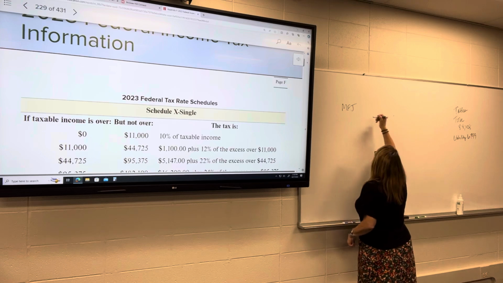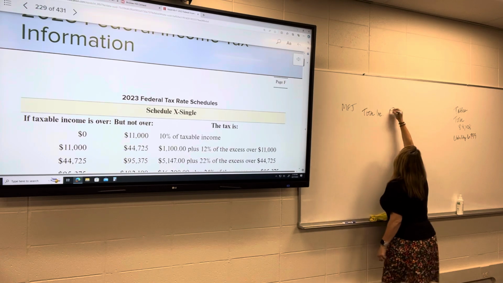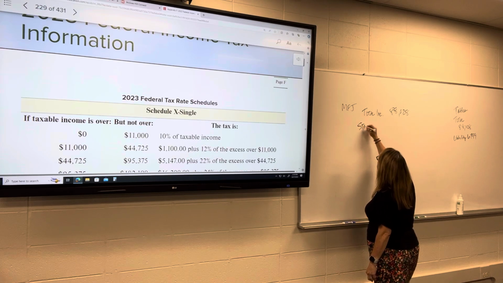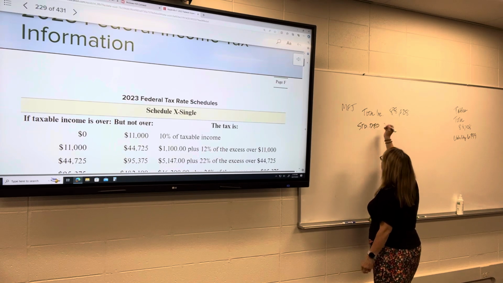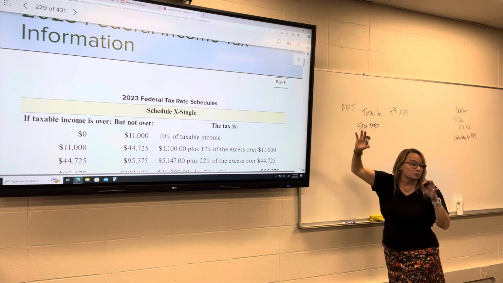And this was their total income, 88,028. We had to subtract the standard deduction, which we have to do when using the schedules too, to get to our taxable income.